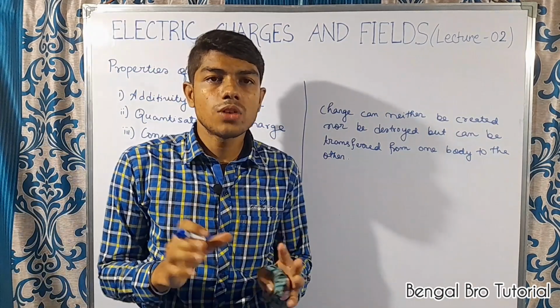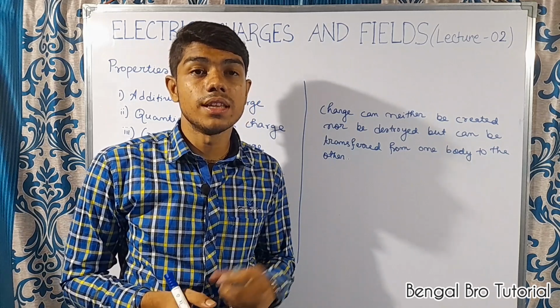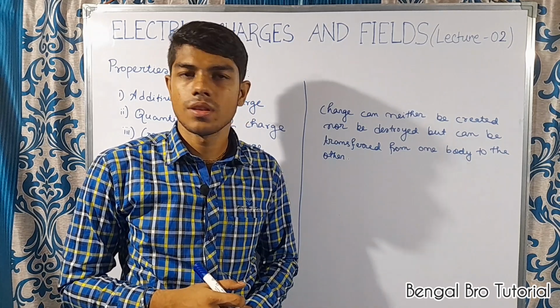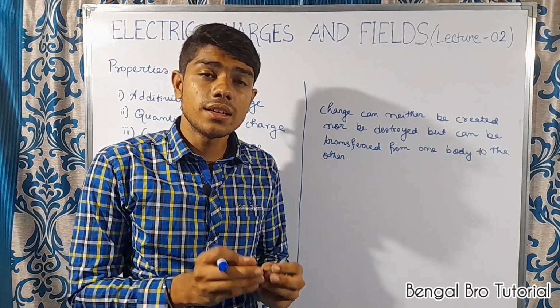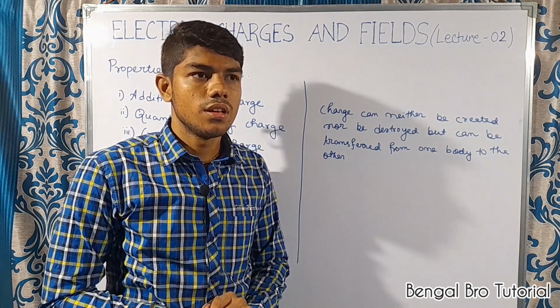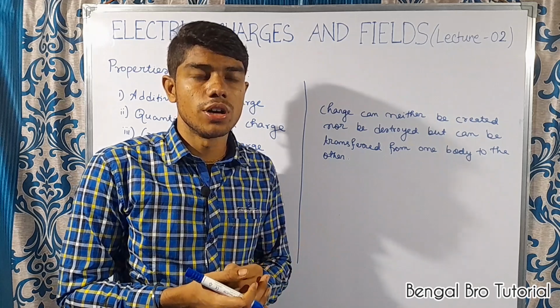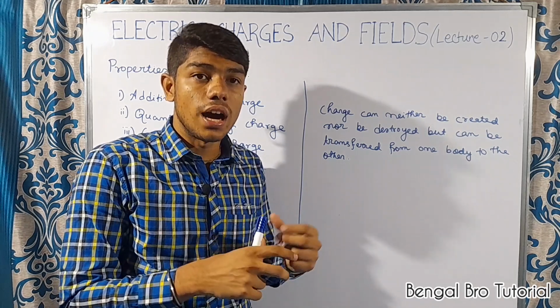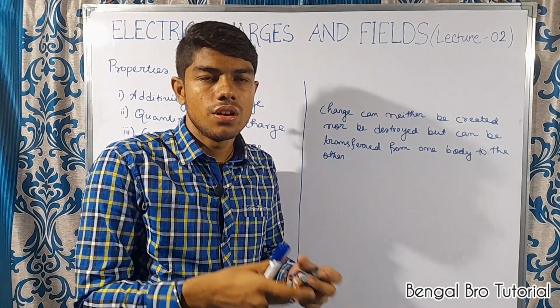See, when the two bodies are neutral, does it mean that there is no charge present in the body? No, right? It means that there are charges but they are nullifying each other. So when we are charging the two bodies, it is not that we are creating charge.